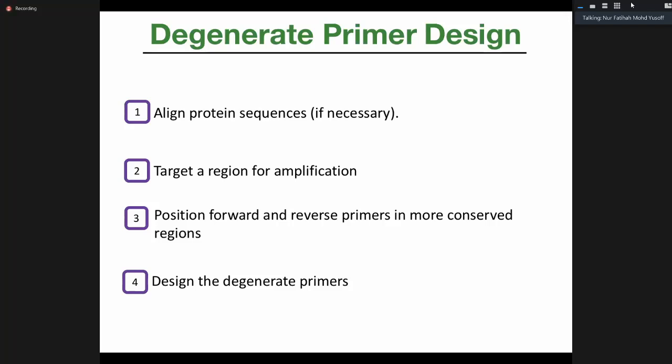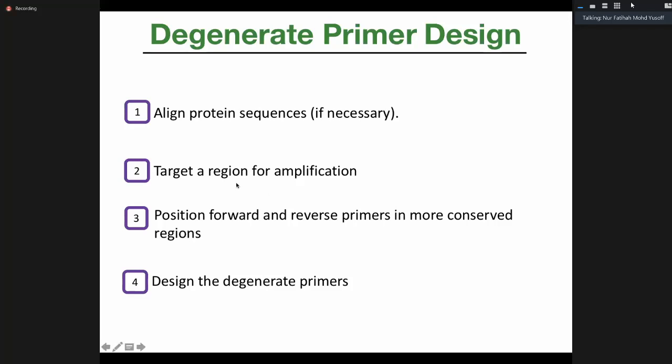You can only amplify the nucleotide sequence, either genomic DNA or cDNA. So if you have the protein sequence, you can design directly. But if you don't have any information regarding the target gene or target protein, you have to align protein sequences from different organisms that are available in the database.